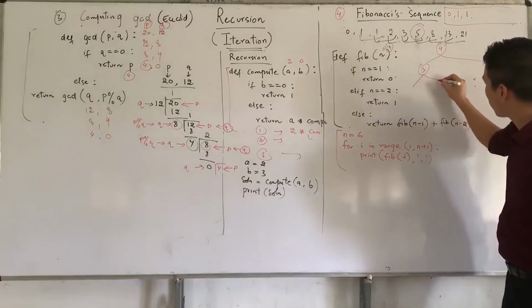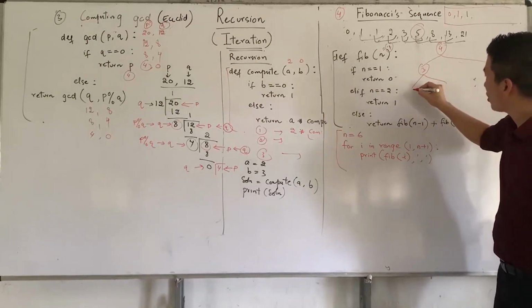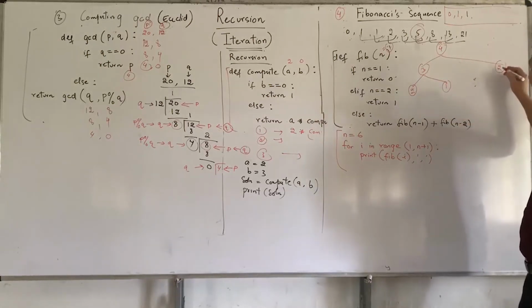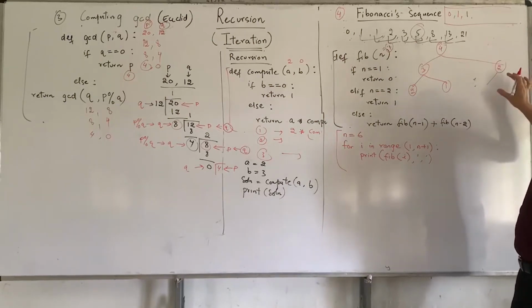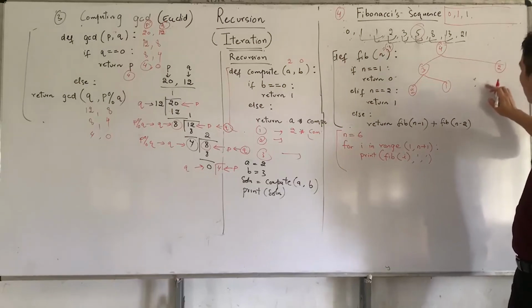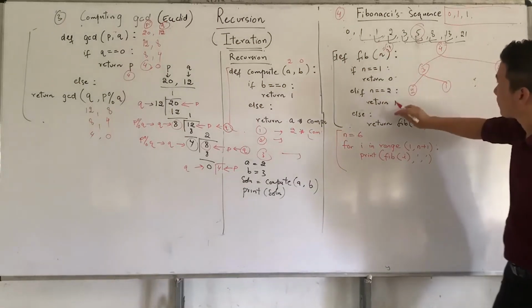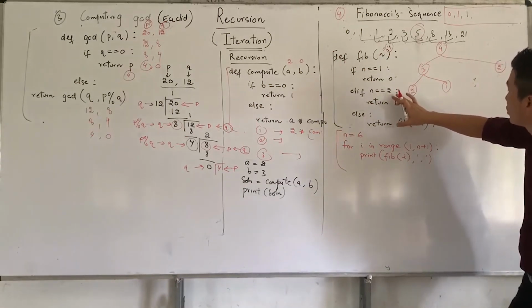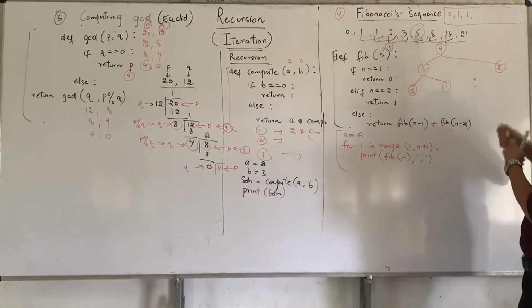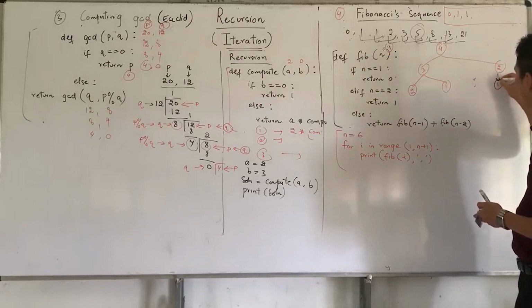Again, this will be broken into two function calls, 2 and 1 respectively. And then this will again be 2. This condition becomes true. So since the n value is 2, you will have the answer as 1.